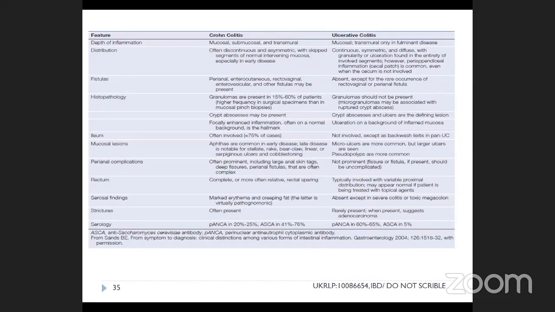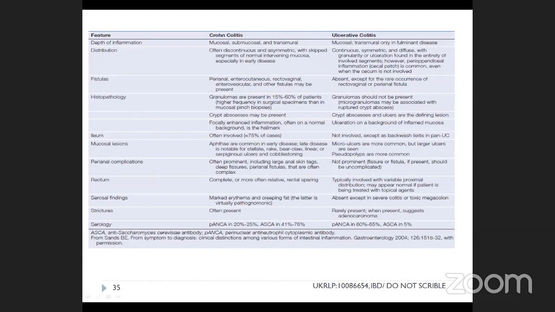I think I have dealt with almost everything: depth of the invasion in Crohn's disease and ulcerative colitis; distribution, as I said, it can involve any segment. Fistula is more common with Crohn's and absent or less common with ulcerative colitis.